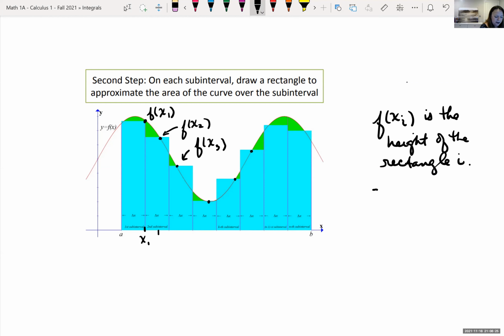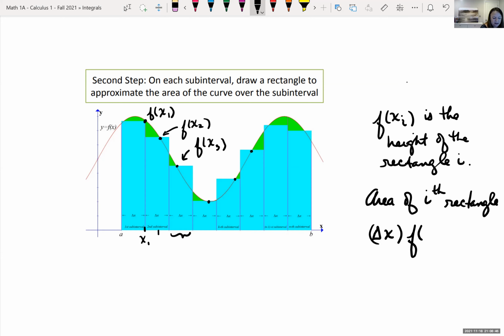And so the area of the ith rectangle is equal to the width, and each width is the change in x, times the height.